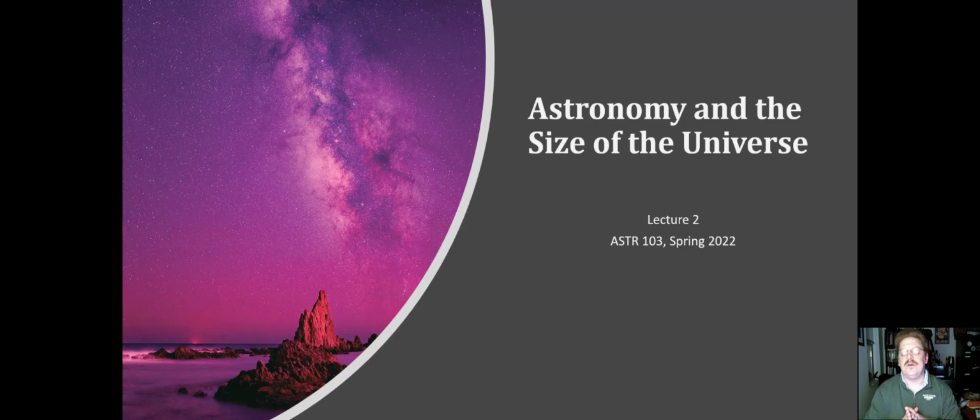For the most part, we're talking about really incomprehensible sizes, going from the atomic level all the way up to the galactic or even supergalactic universal level. But I'm going to try to give you a few tricks or ways to make these concepts a little more comprehensible than they are on the surface.